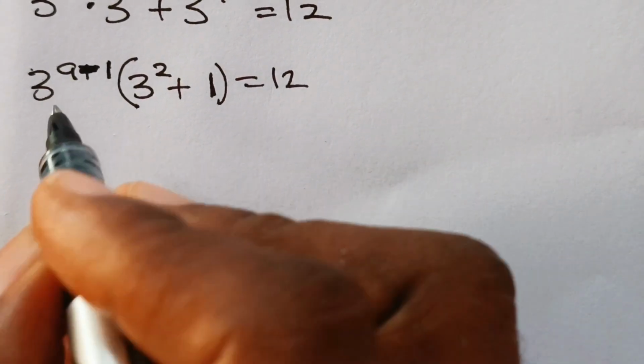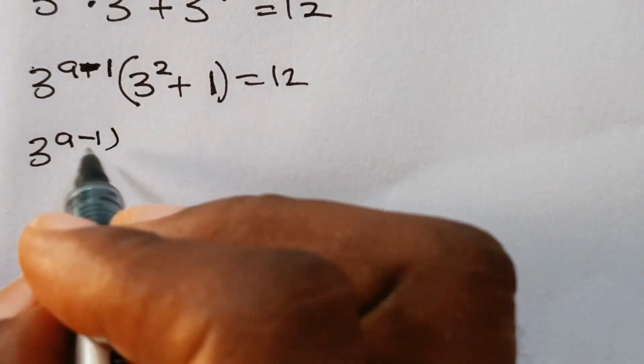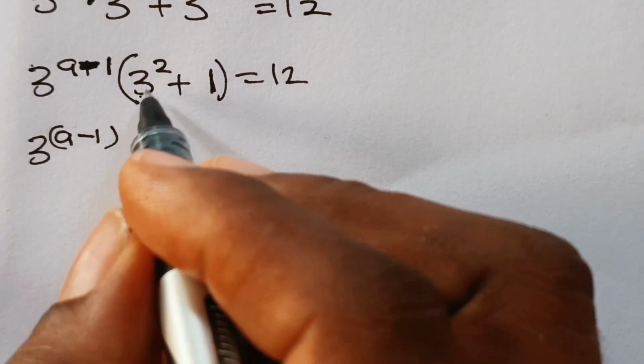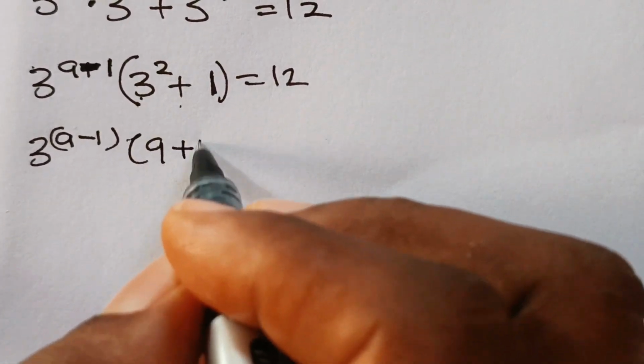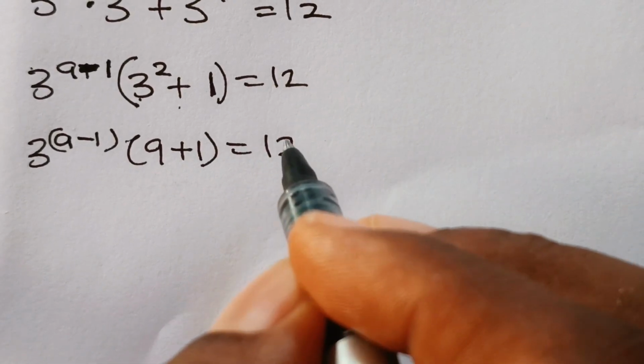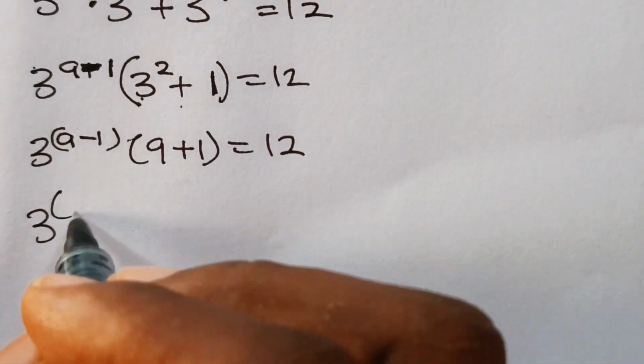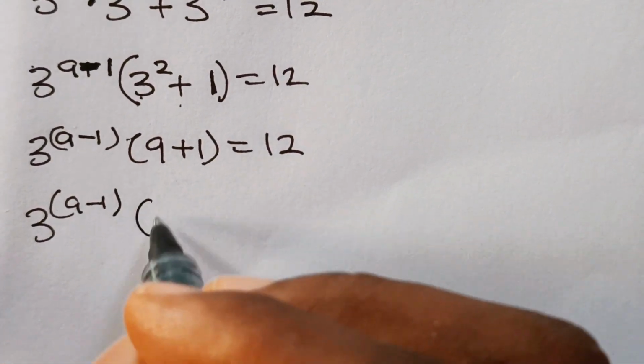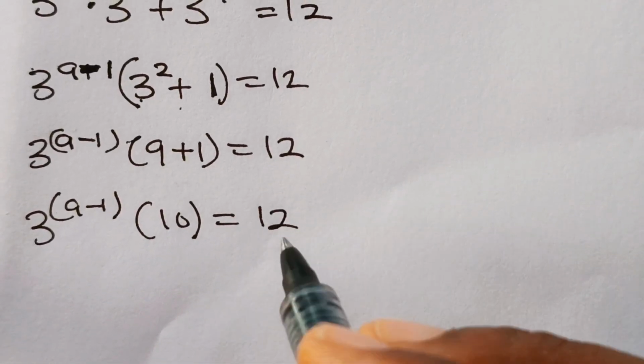So we have 3 to the power of a minus 1 times 3 squared plus 1, which is 9 plus 1, so 3 to the power of a minus 1 bracket 10 is equal to 12.